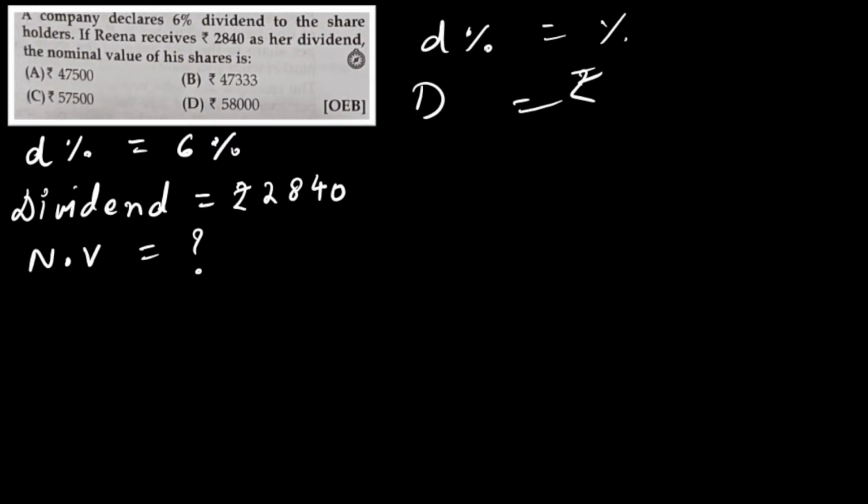Option C. Okay, so I gave you few formulas. So company declares 6% dividend. So dividend percent is given to us and dividend is also given to us. We have to find the nominal value. So for nominal value, which formula should I use? I have given you the formulas.